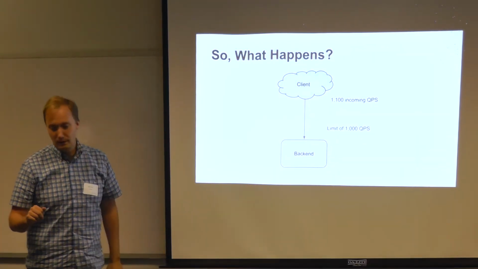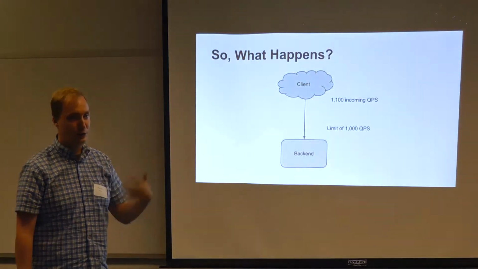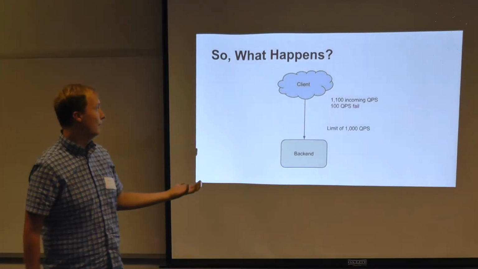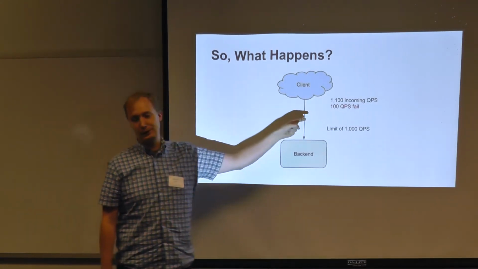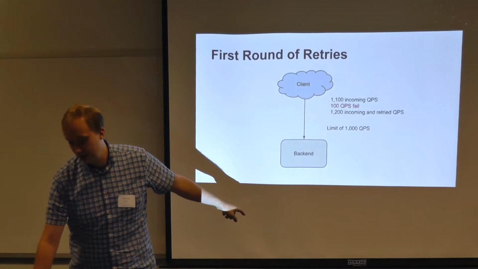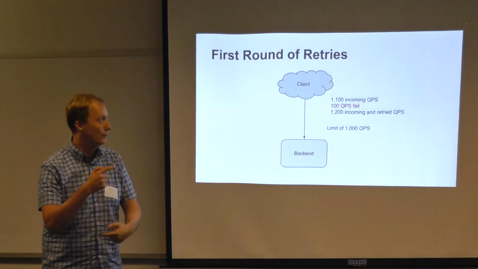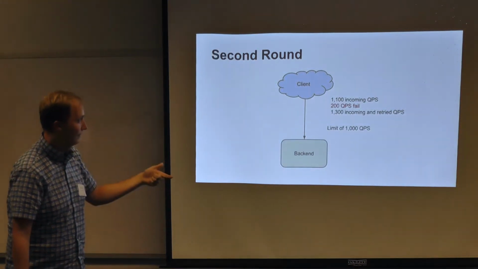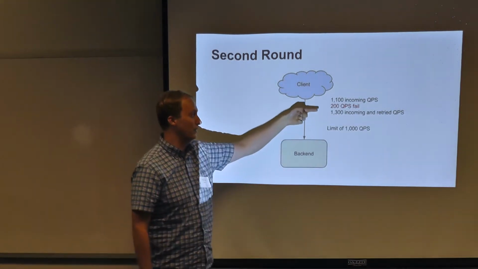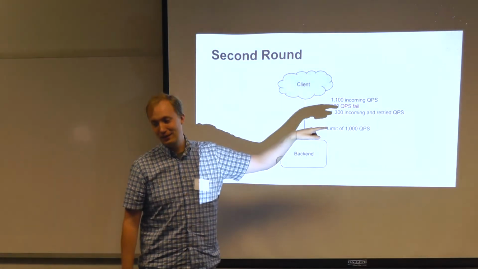But if you do this 10 retry thing, you send 1,100 QPS, 100 QPS of that fails. So then you're actually issuing 1,200 QPS. But if you think about it, that 200 QPS is going to fail, so you're actually having 1,300 QPS of requests.